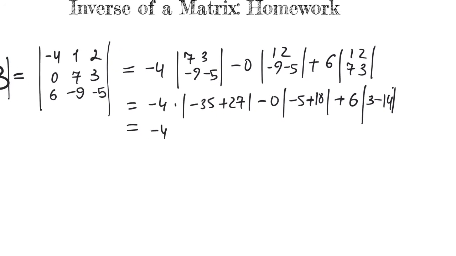So what we have is -4 multiplied by -8, and minus 0 multiplied by 13, plus 6 multiplied by -11.